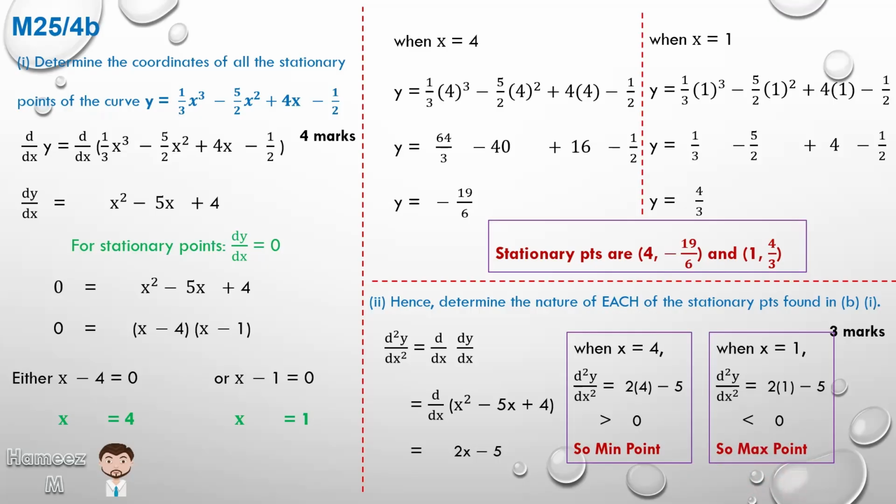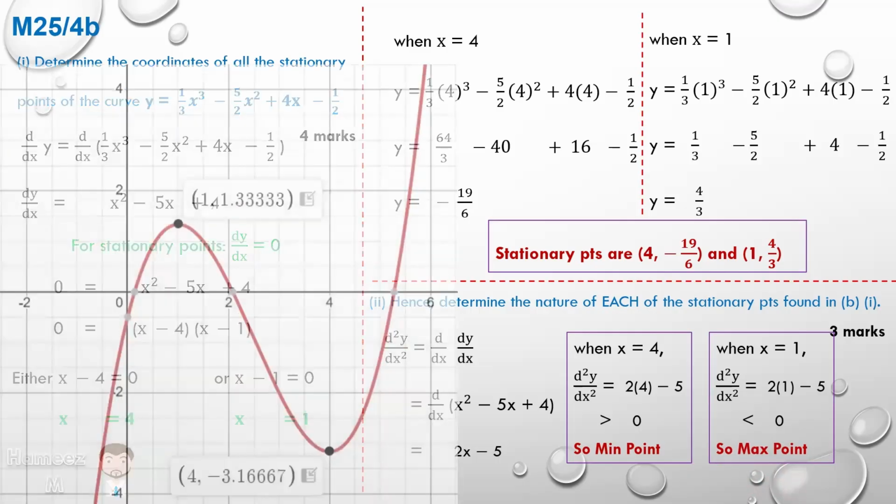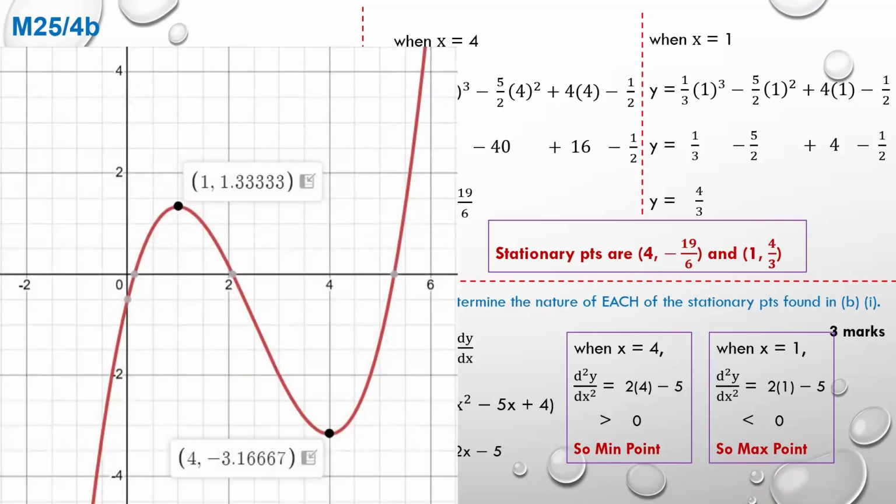So now let's bring up the sketch that we have completed for this part of the question and see what it looks like. As we stated, because the coefficient of the cubic part was positive, it would start from the bottom left, negative infinity of x and negative infinity of y.